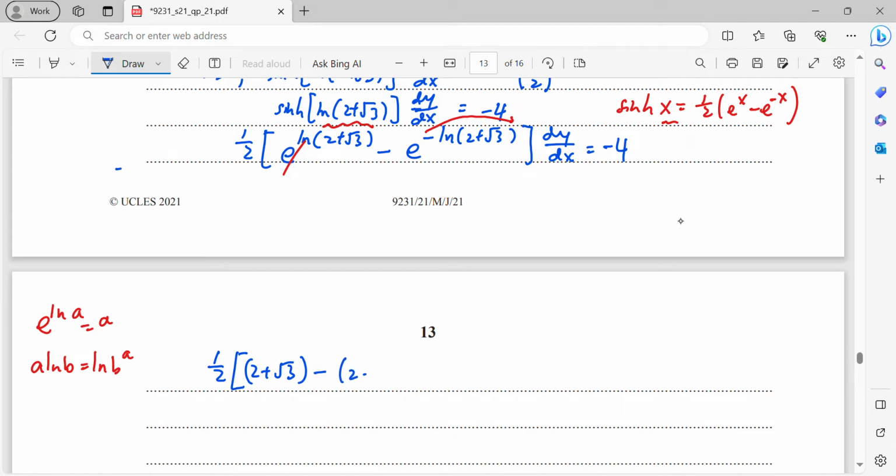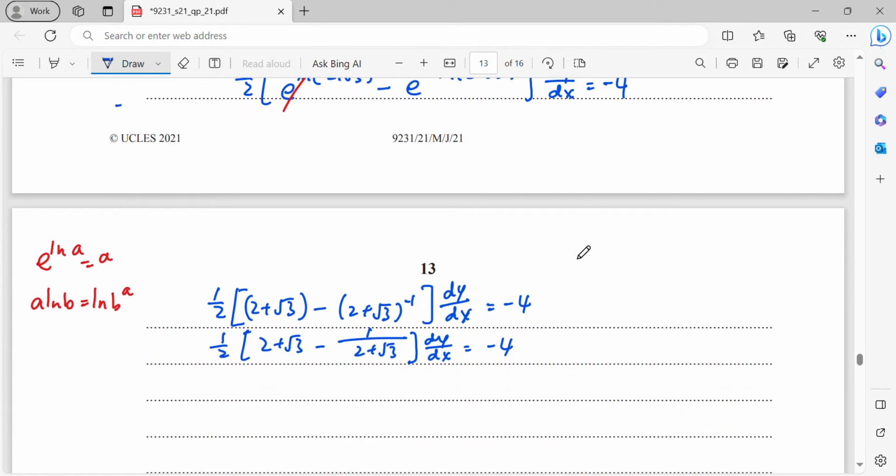So 2 plus square root 3 to the power negative 1, dy dx equals negative 4. Then now, when you simplify, I will get half of 2 plus square root 3 minus 1 over 2 plus square root 3, dy dx equals negative 4.